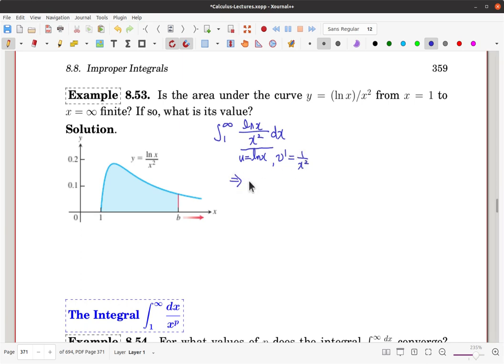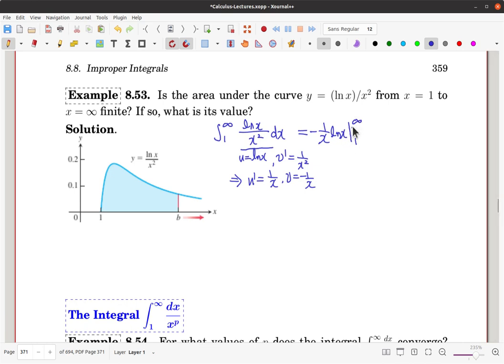Then u prime will be 1 over x, and v must be minus 1 over x. So for this one, uv is minus 1 over x times logarithm x, and the bottom and top limits are 1 and infinity.